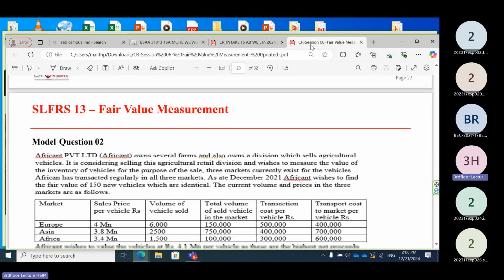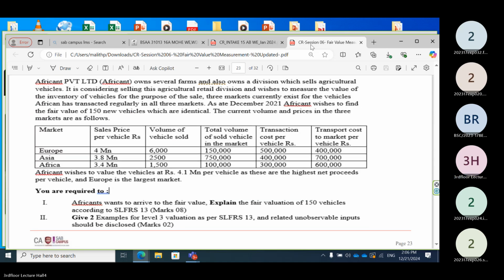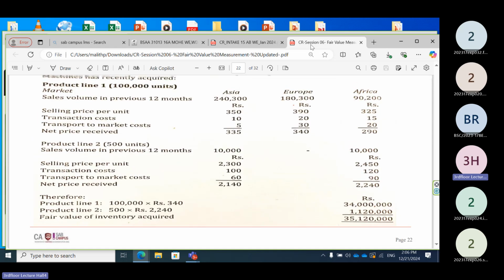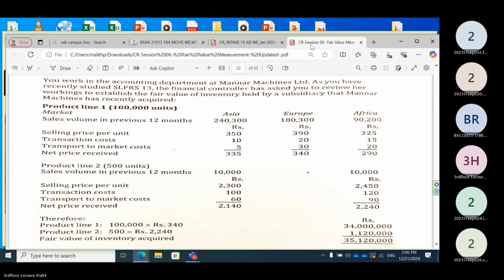This is an exam question. Yes, better to do this. We have 2 products, product 1 and product 2. We have to decide what is the principal market, what is the most advantageous market, and decide your fair value.